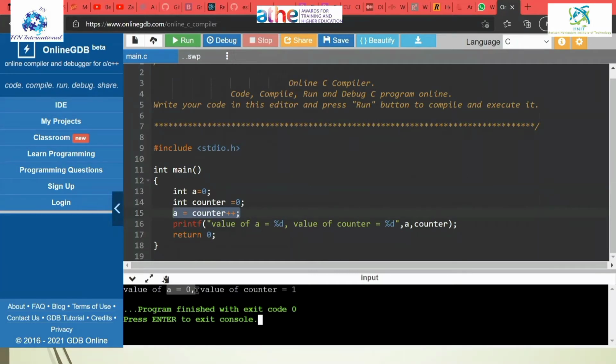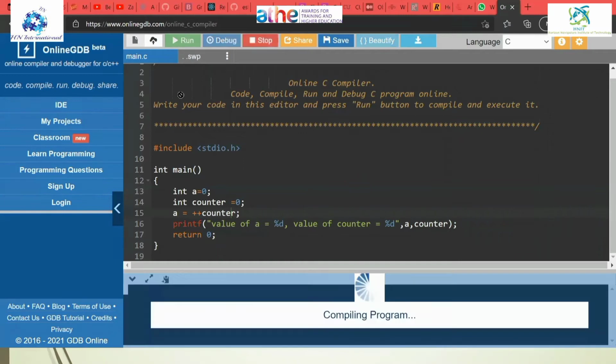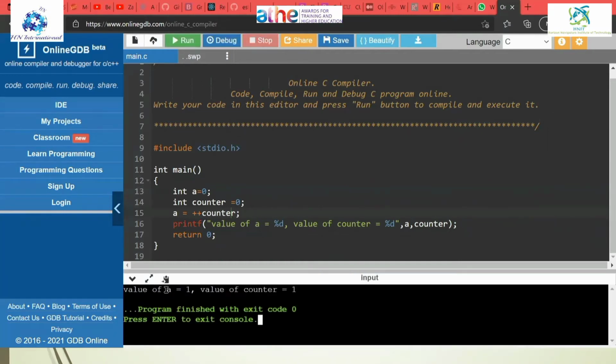Now what happened here? We're using the postfix. It stores the value of counter first, and then it increments the value. Now, if we just change it to prefix and run it again, now see here, value of a is also 1 and counter is also 1.